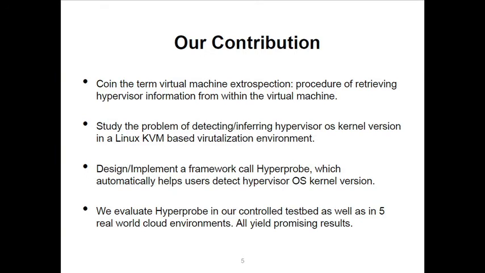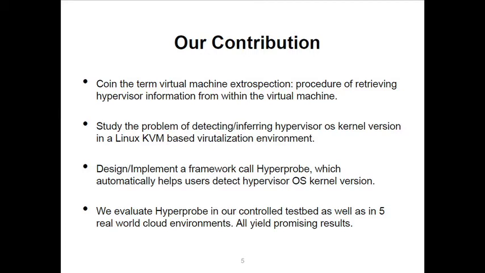The contribution of our work is, first, we created the term virtual machine extrospection, and we defined it as a procedure to retrieve hypervisor information from within a virtual machine. As the first step towards virtual machine extrospection, we study a specific problem, which is to detect or infer the hypervisor kernel version. We study the problem in a Linux KVM-based virtual machine environment.